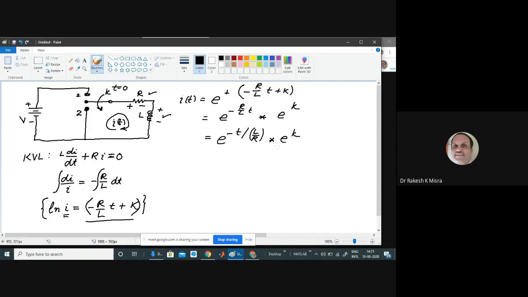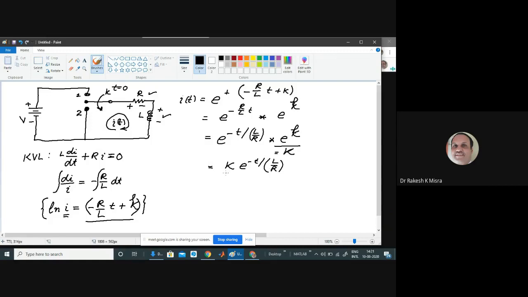This e to the power k can be called as another constant, capital K. We have been assuming this as a small k so far. This is a small k, and this we will call equal to capital K. So this becomes K times e to the power minus t by L by R.